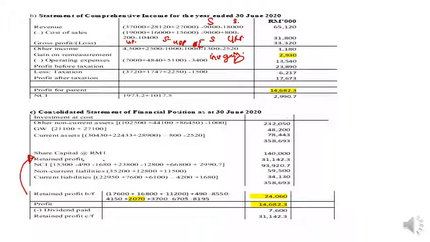This is how to calculate the RE brought forward. Then the ending balance of the RE: you have RE for the three companies, add together, then this one is from journal entry, and then minus the dividend paid. Then you have the ending RE.